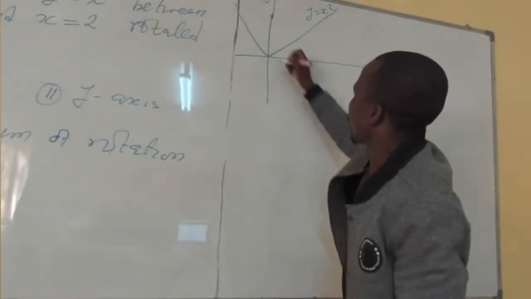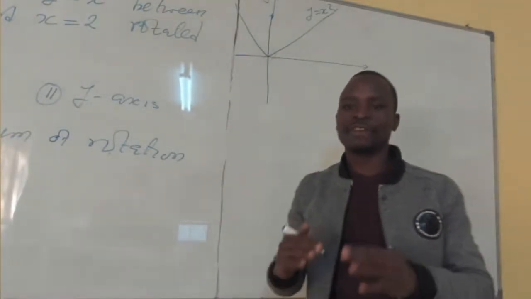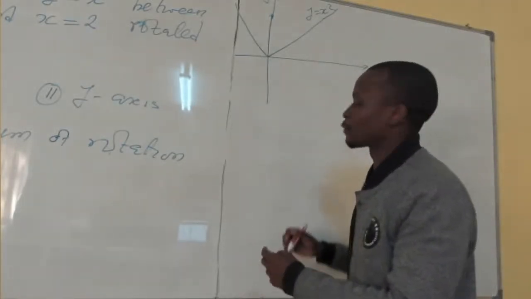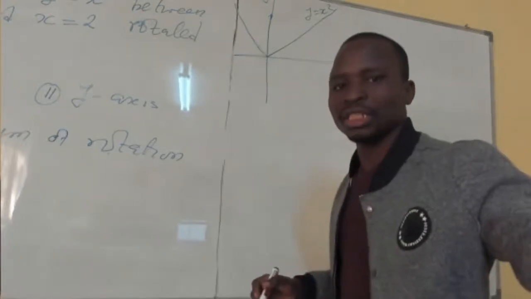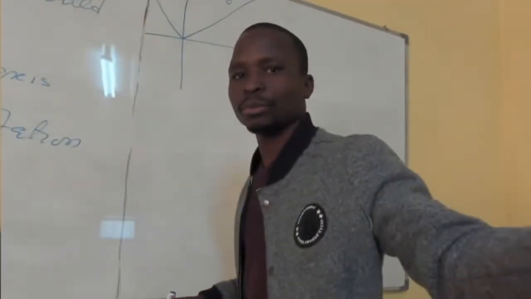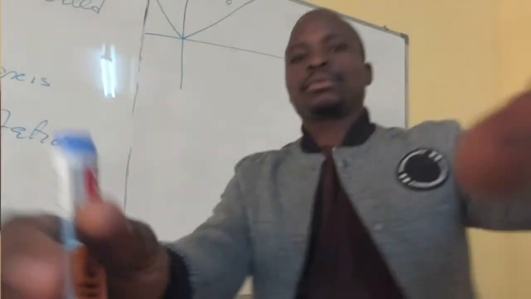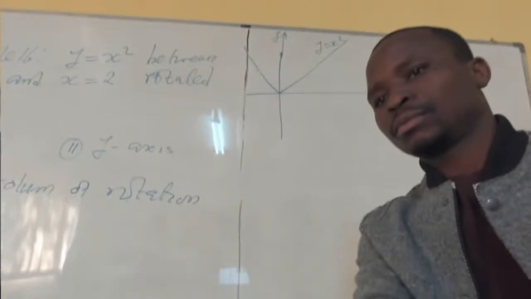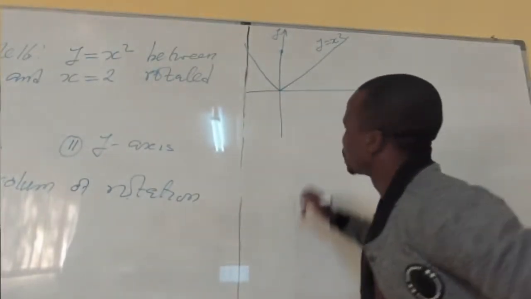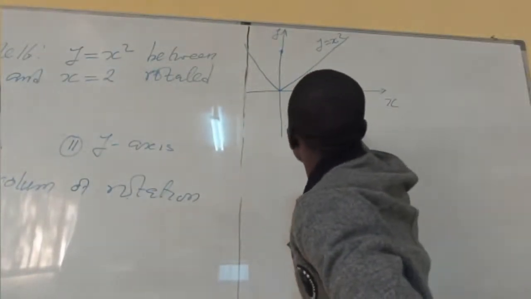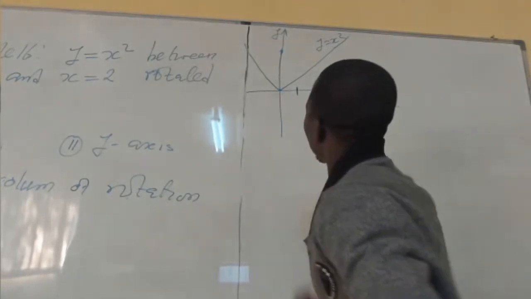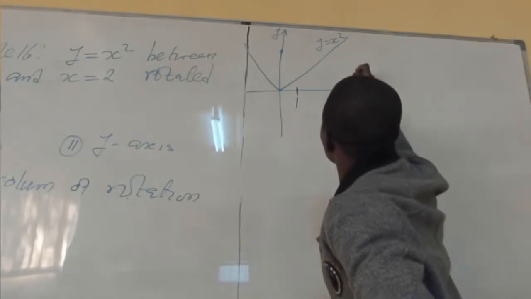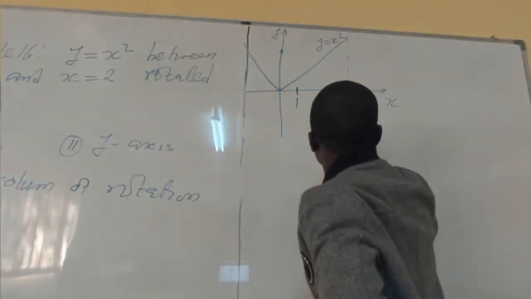Now, what they are asking us is to find the volume of revolution from what point to what point. So this volume of revolution is from 1 to 2. So this is 1, 2.